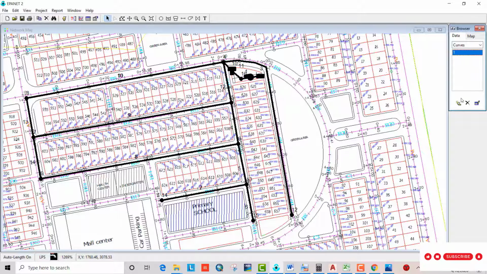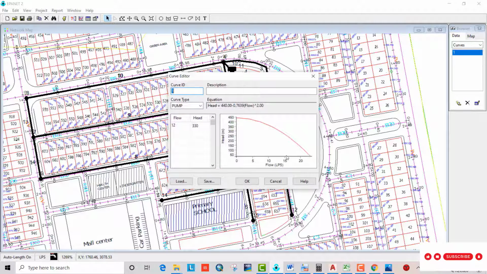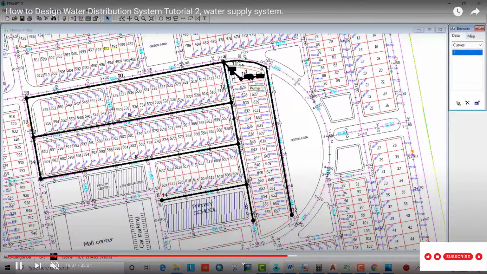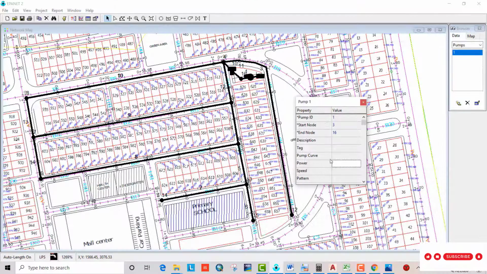Okay. You see that is a pump curve. The program directly generates a head curve and provides it to the pump. The name of the curve is 1. Provide 1. The program recognizes the number of the head curve.